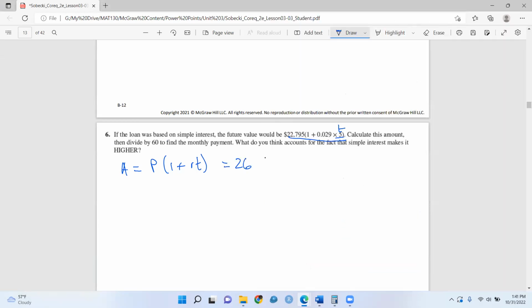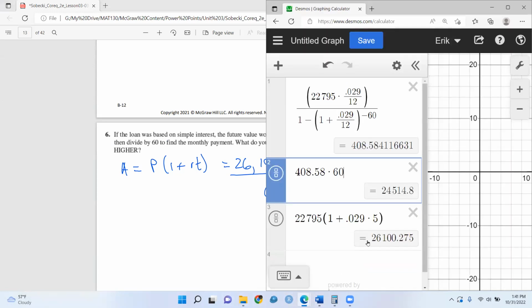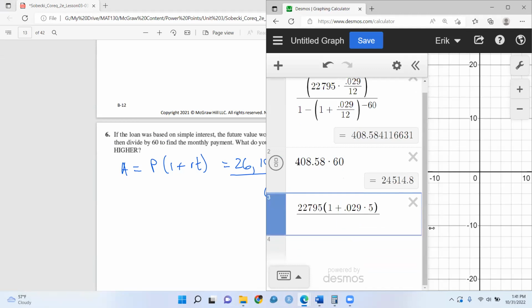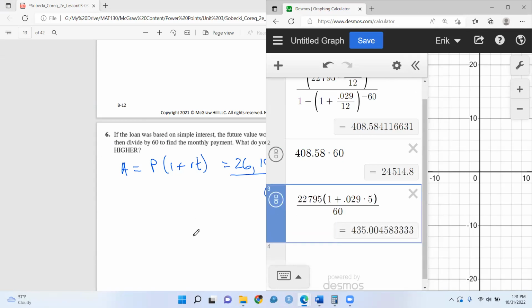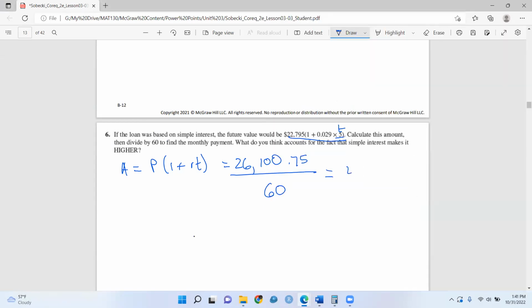So 26,100.75. And then if we're going to do this as an installment loan, we would divide this by 60, a fixed installment loan. And this would give us the amount we have to pay each month in order to have paid that total amount off over the 60 months. So this is $435.